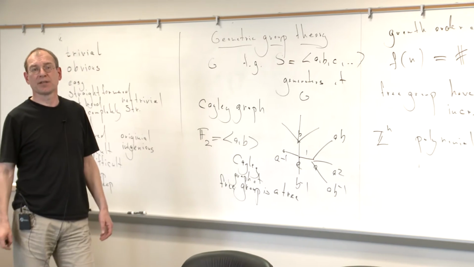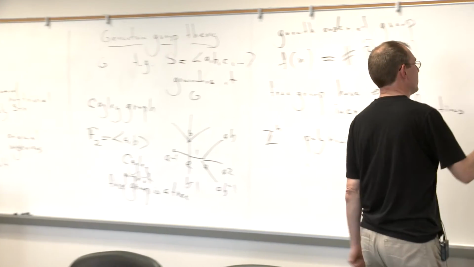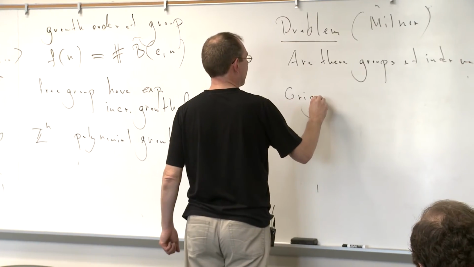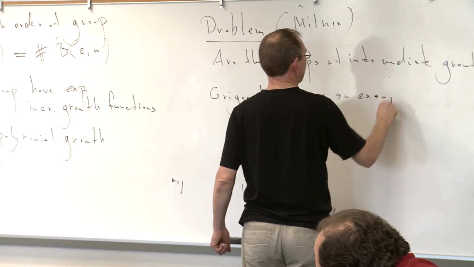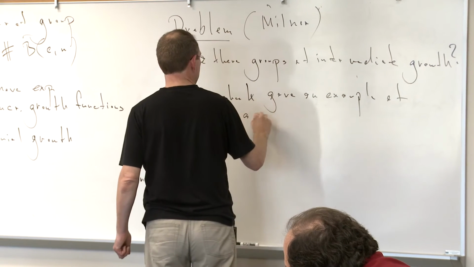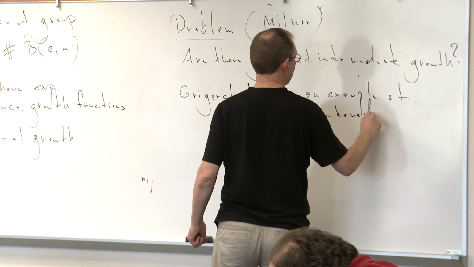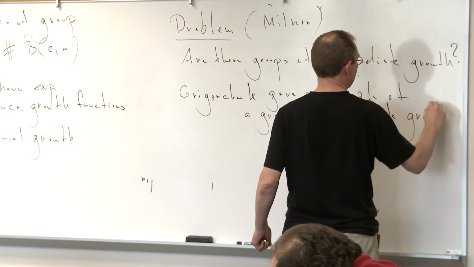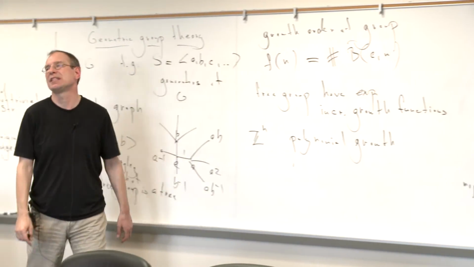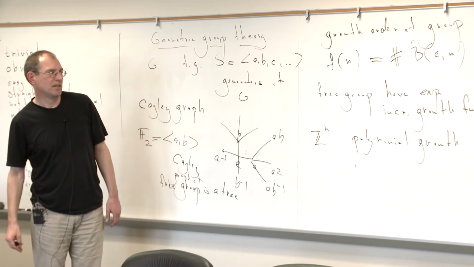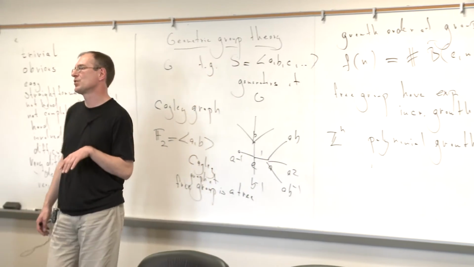And then came Grigorchuk, a Russian mathematician, and gave an example of a group of intermediate growth. This example is absolutely amazing, and I would consider this a very deep contribution to mathematics. And the example is actually not hard to explain. Maybe I don't want to do it.